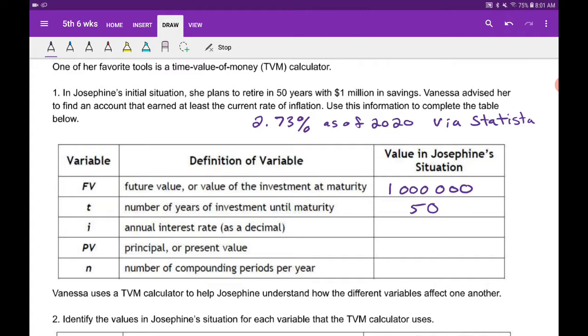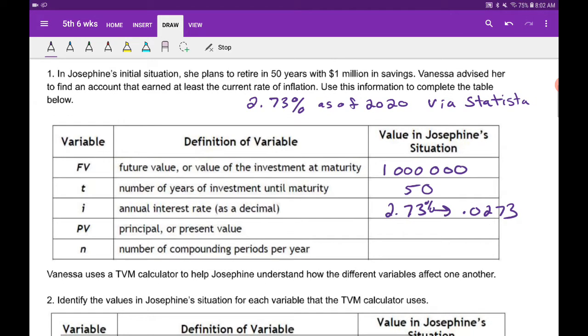Because the dollar won't buy you the same things it did back in 1950, where bread was like 5 cents a loaf or something like that. So it's very different. Okay, so annual interest rate, we're going to make it at least 2.73%. Now, we converted that to a decimal in our calculations, which was 0.0273 for the interest rate.